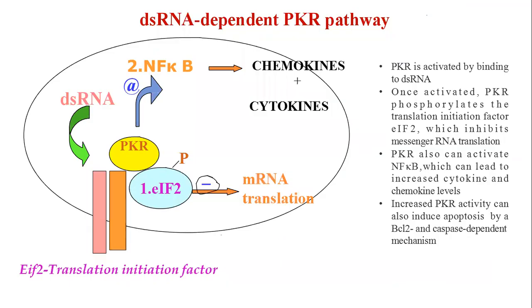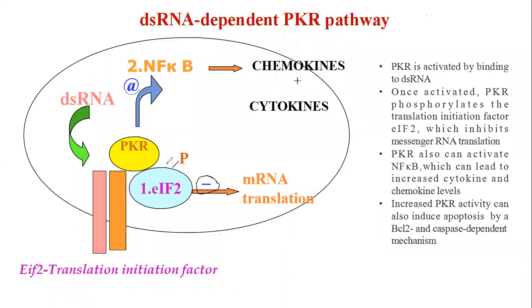The second one is the double-stranded RNA-dependent PKR pathway, the protein kinase R pathway. Here PKR is activated by binding to double-stranded RNA. Once activated, PKR is phosphorylated.